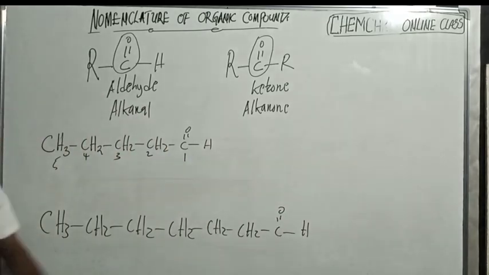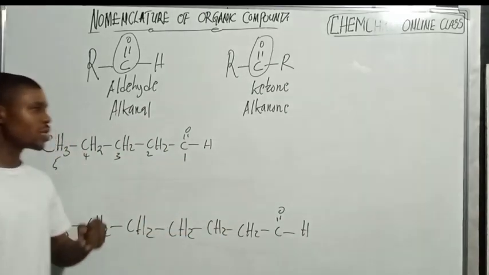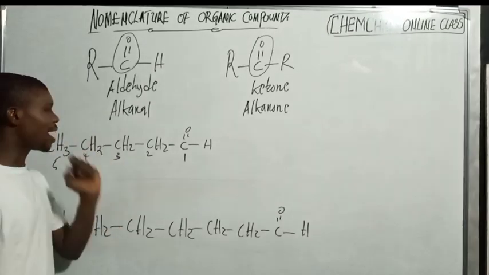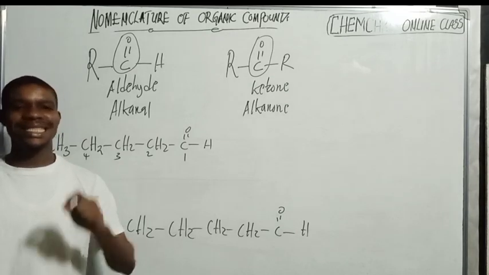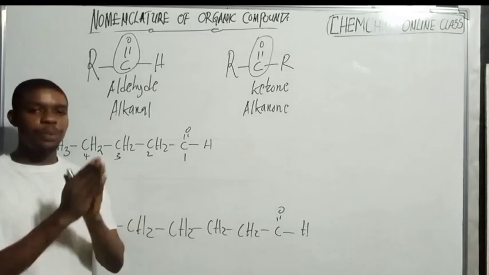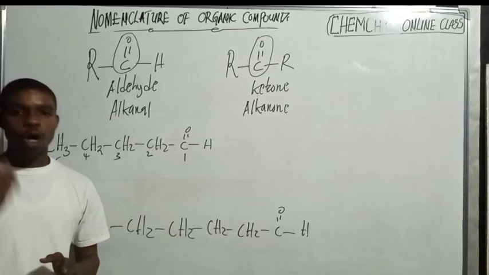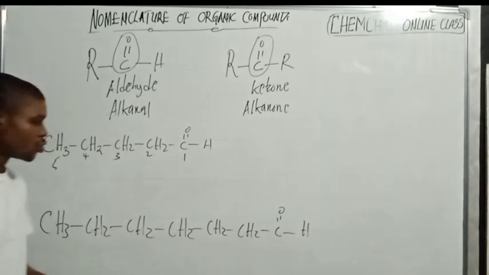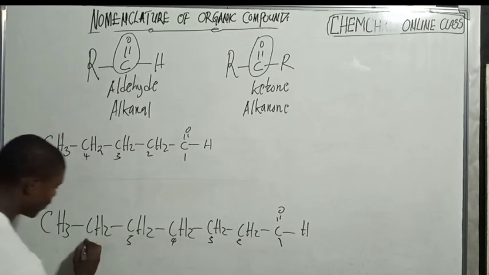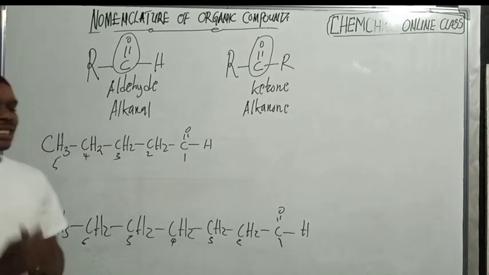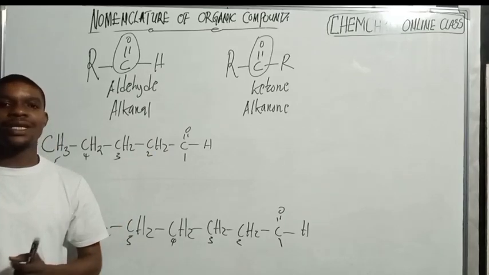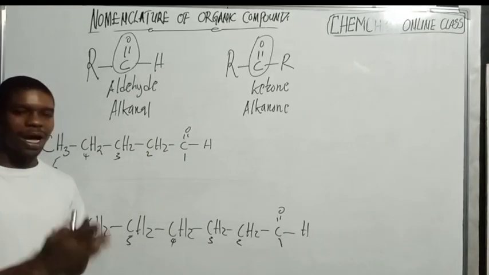The carbon atom is still carbon 1. So when you're naming an alkanal, understand that the functional group is always at carbon 1. The position of the functional group is not actually needed because you already know it's always carbon 1: 1, 2, 3, 4, 5, 6, 7. Understand that the position of the functional group in an alkanal does not really matter because it's always at the extreme point, or the end point.